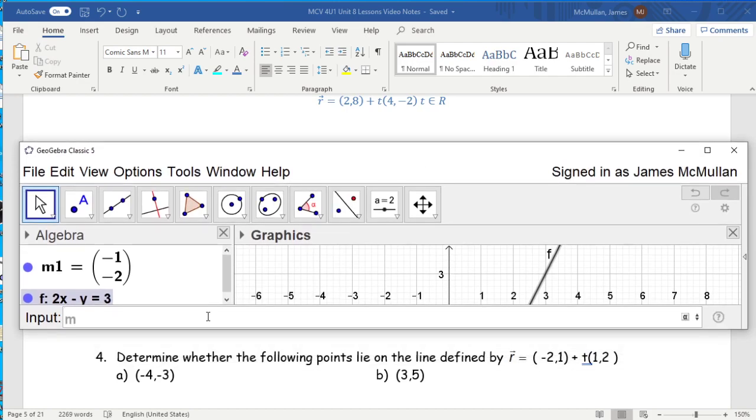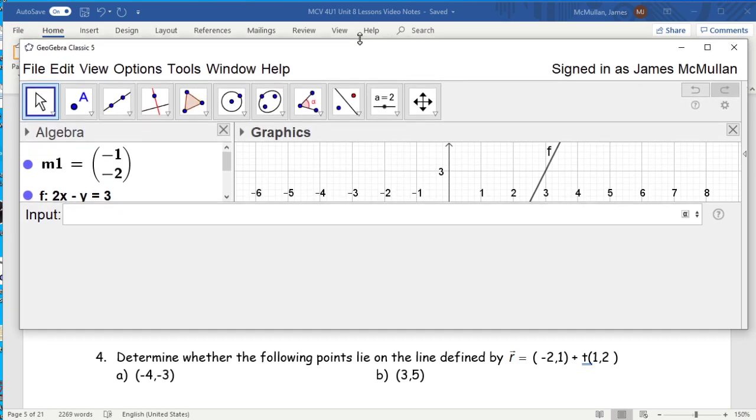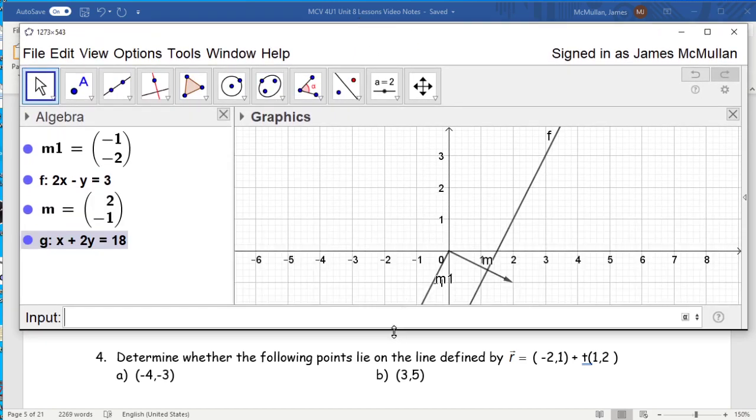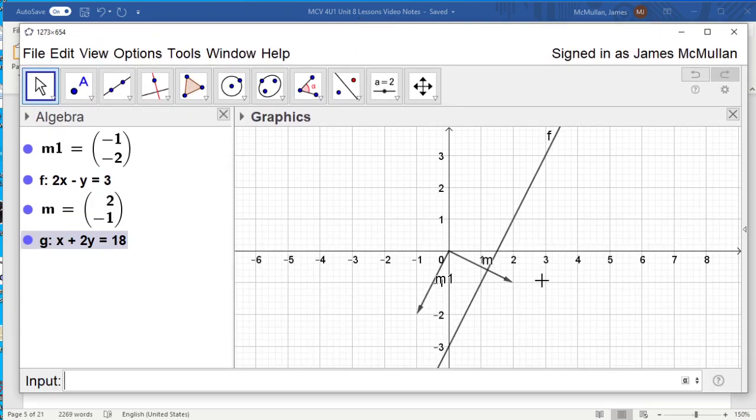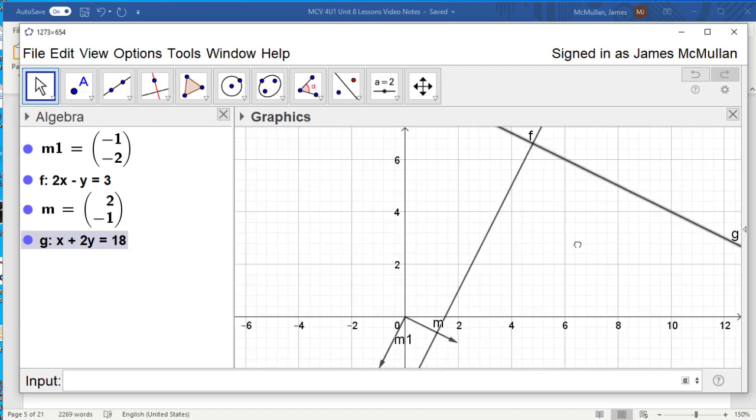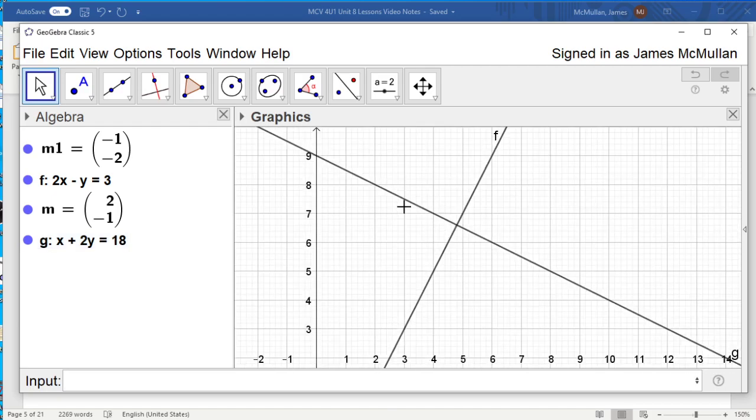So m is equal to 2, -1. And it has to pass through 2, 8 with a direction vector of m. Now, if I've done this right, these two lines should connect to one another at 90 degrees. And it looks good. It looks like they do. Well, it says 270, but you get the idea. If it did the shorter angle, it would have been 90.